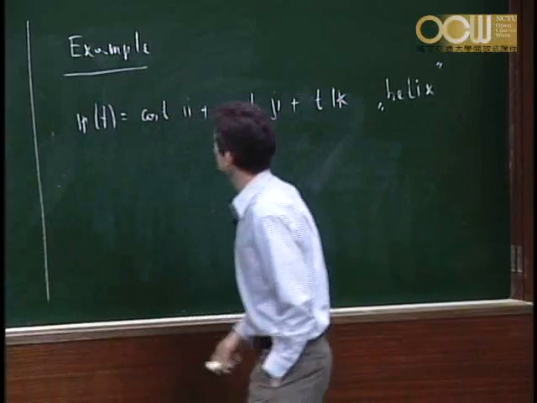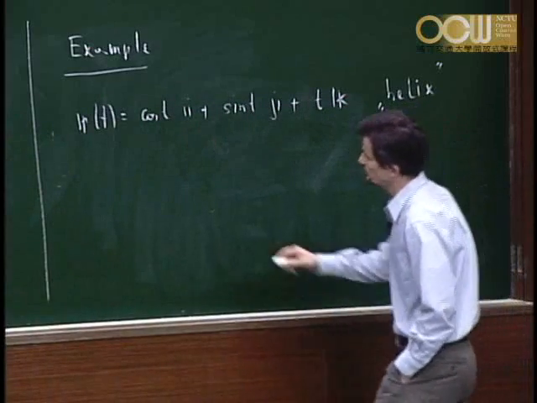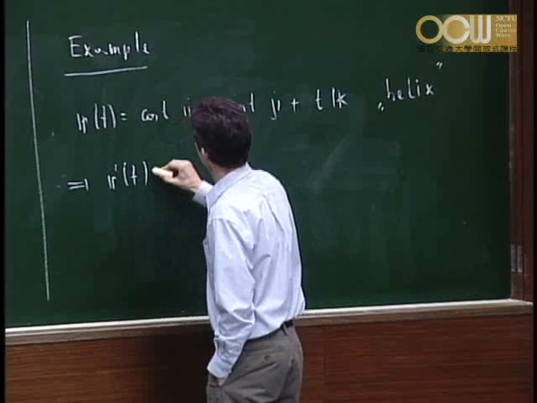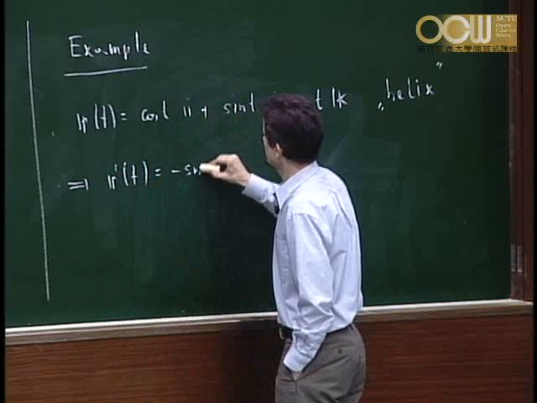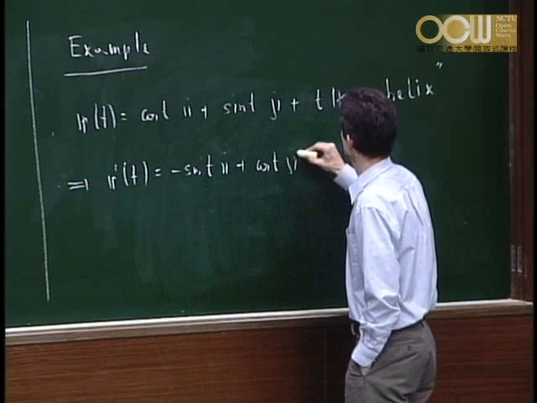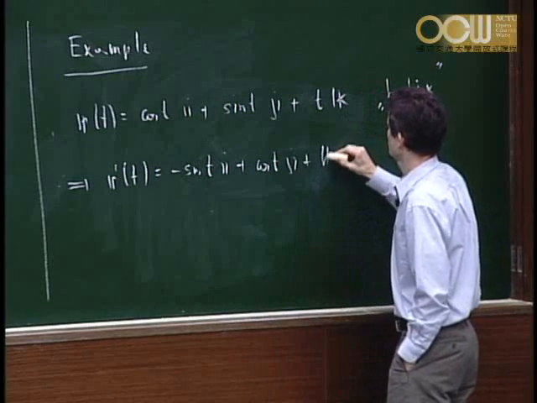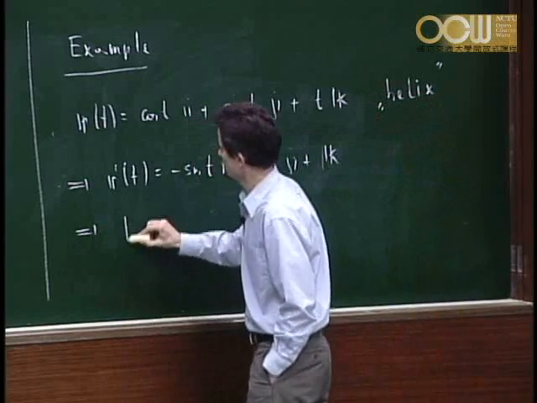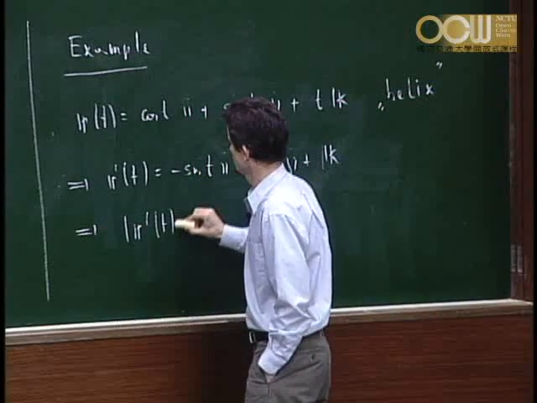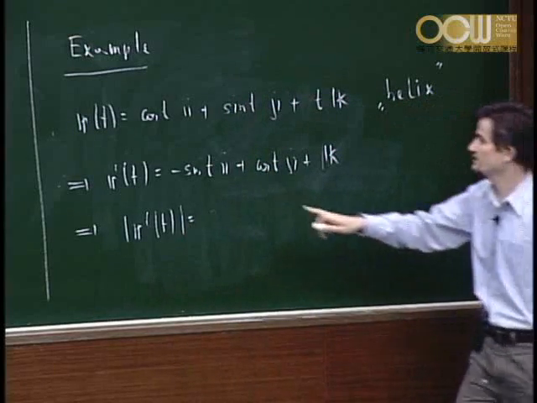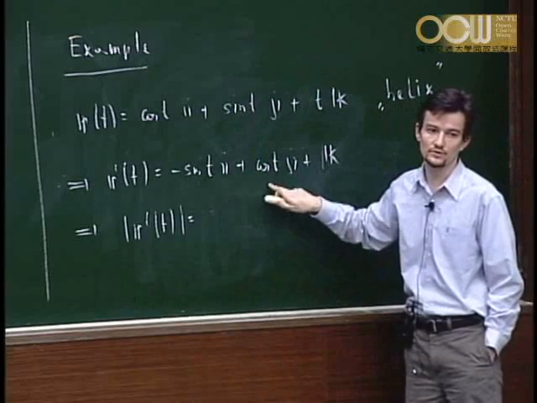You see that if we want to compute the arc length here, what we have to compute is the derivative. So the derivative is minus sine t i plus cosine t j plus k. You see that the length of the derivative is getting very simple because sine squared plus cosine squared is equal to 1.